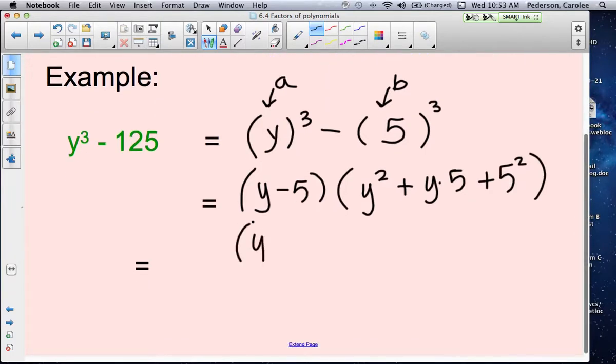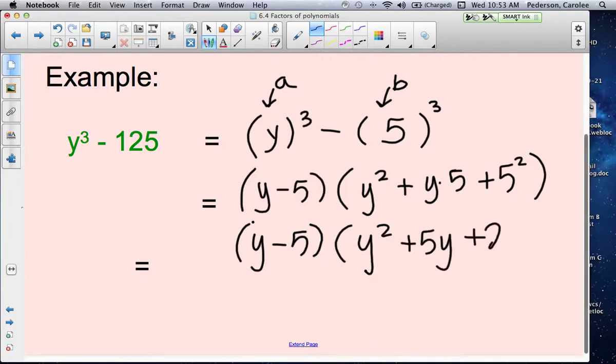Clean up the second parenthesis: y minus 5, y squared. y times 5 is 5y. 5 times 5 is 25.